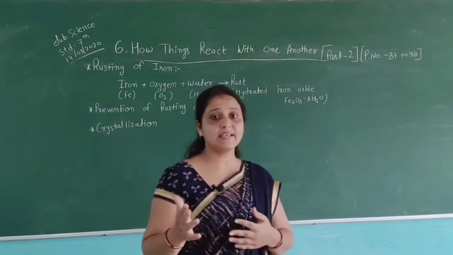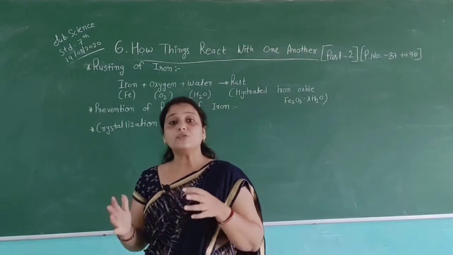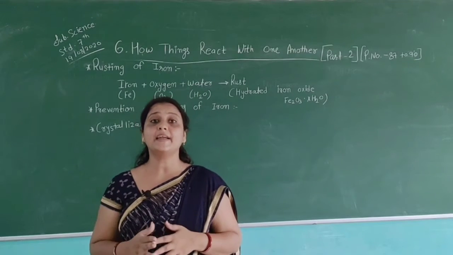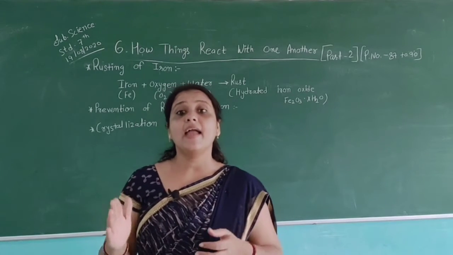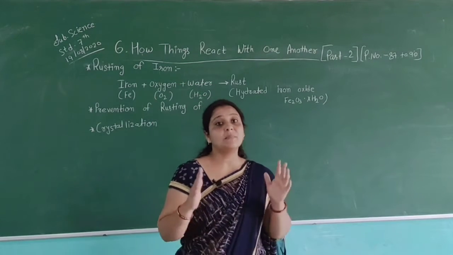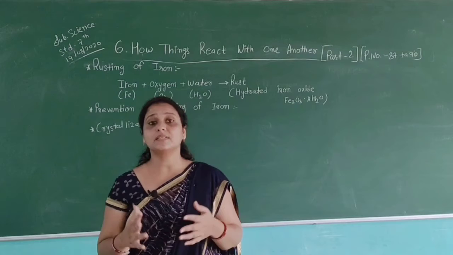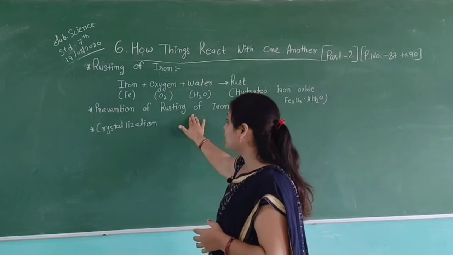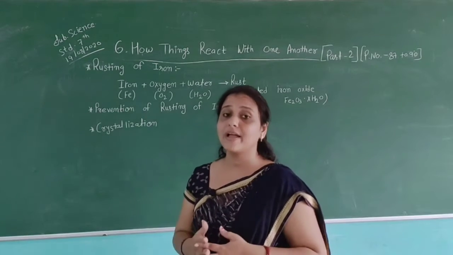In our textbooks, they have given some ways. Using this way, we can prevent it by avoiding direct contact with air and moisture. By avoiding this, we also prevent the rusting of iron.